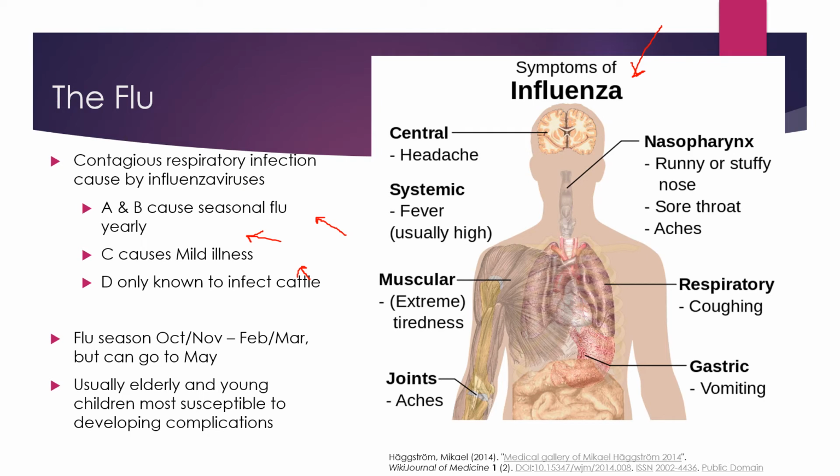Most people who get influenza will recover in a few days to less than 2 weeks, but some people will develop complications like pneumonia, pericarditis, croup, meningitis, or rhabdomyolysis. Rhabdomyolysis is a breakdown of the skeletal muscle.